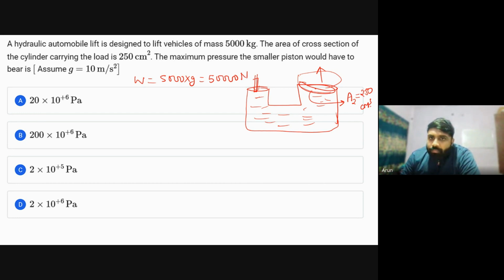So what is the pressure to be borne by this smaller piston? We know that the pressure is the same, and the change in pressure is equally transmitted. So the pressure at this surface will be P2 equals F2 divided by area. The maximum weight it can lift is 50,000 Newton.